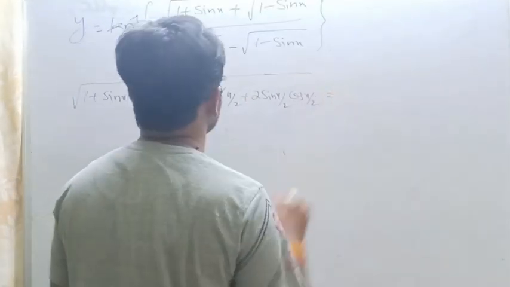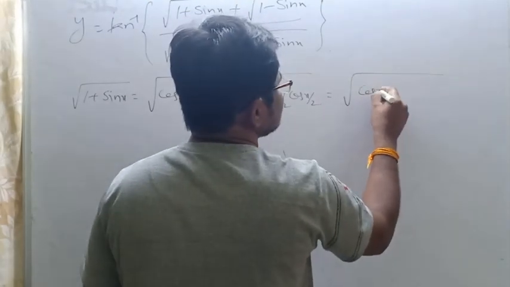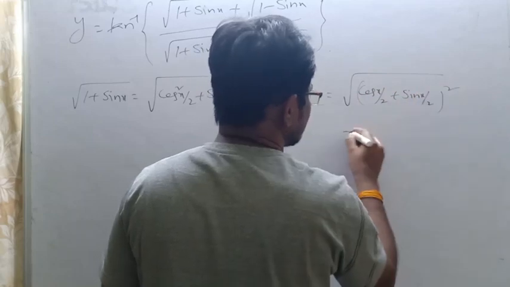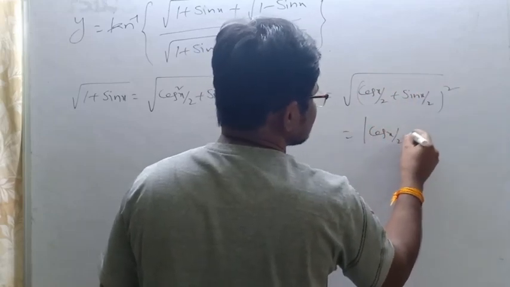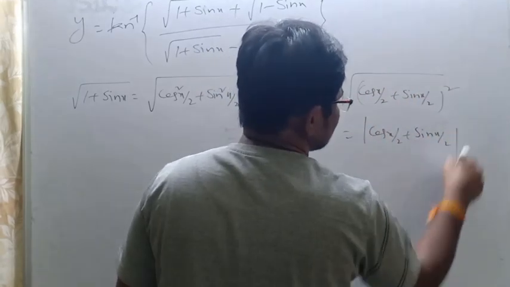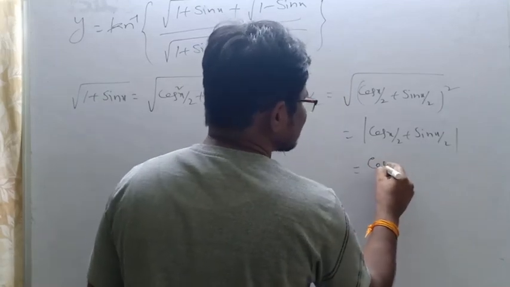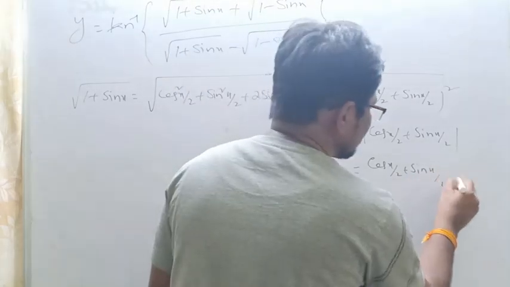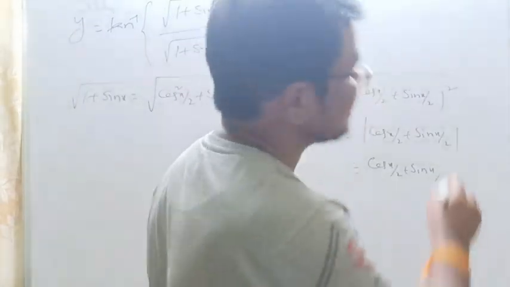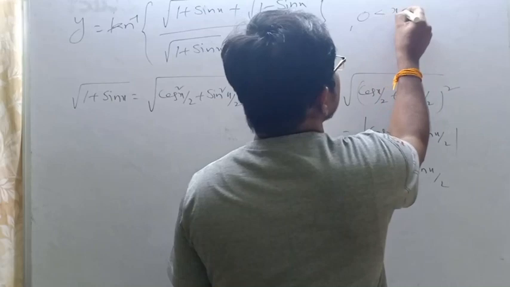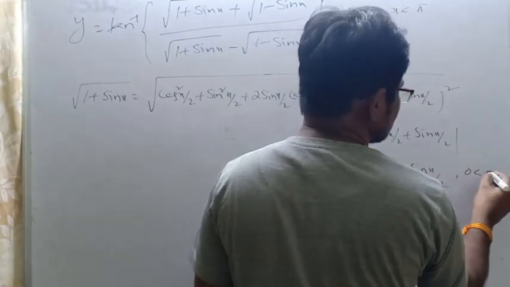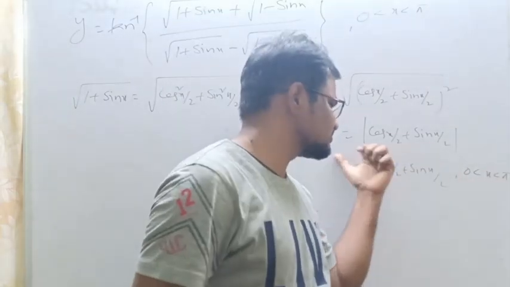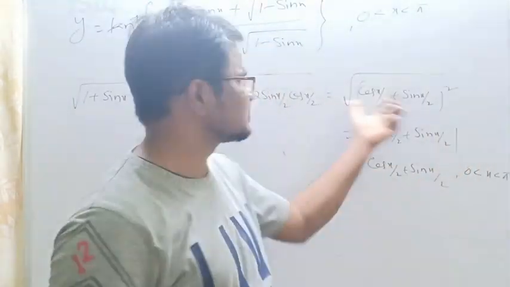That is equal to root of cos x by 2 plus sin x by 2 whole square, that is equal to modulus of cos x by 2 plus sin x by 2, that is equal to cos x by 2 plus sin x by 2. What is the given interval? Given interval is 0 less than x less than pi. So here also 0 less than x less than pi. Any value between 0 to pi, if you substitute, you will get positive only. So that's why this one.